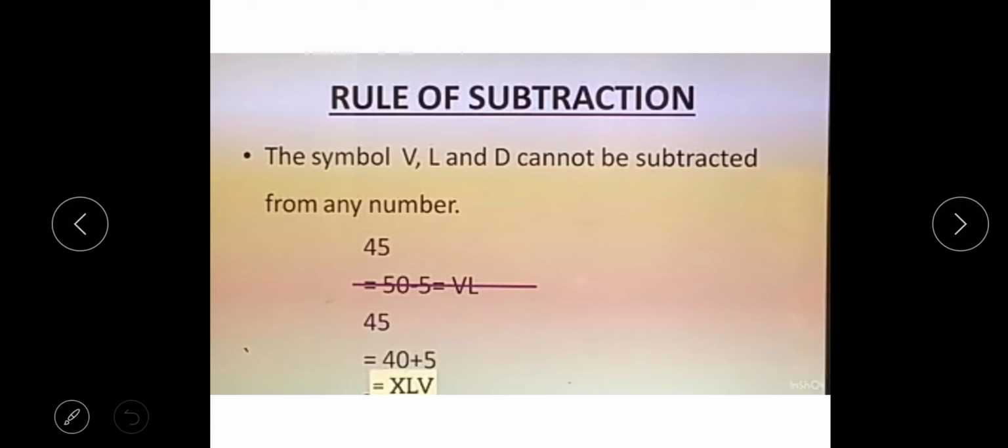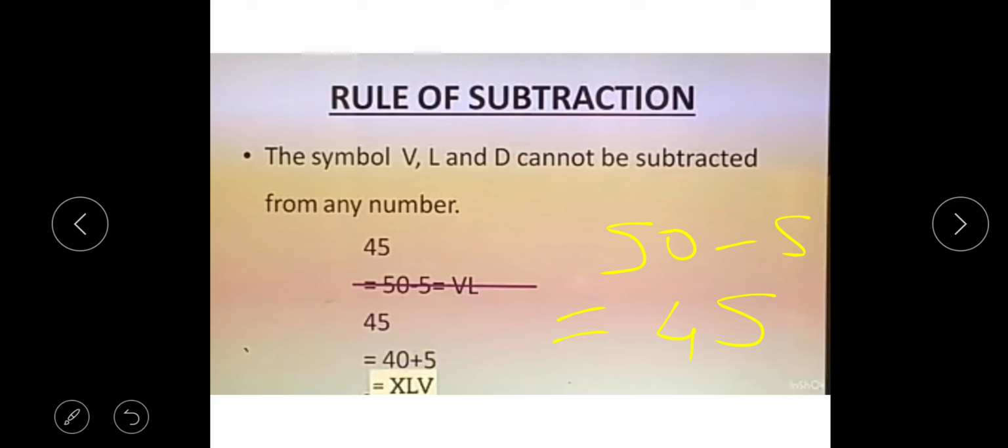the symbols V, L and D cannot be subtracted from any number. What is this rule? The symbols V, L and D cannot be subtracted from any number. The number 45 can be written as 50 minus 5, meaning what do we get? 45.